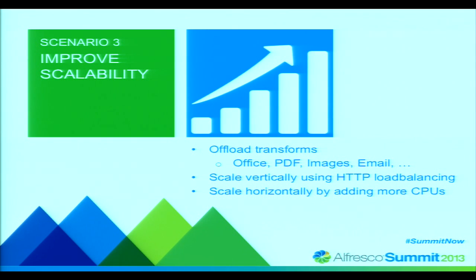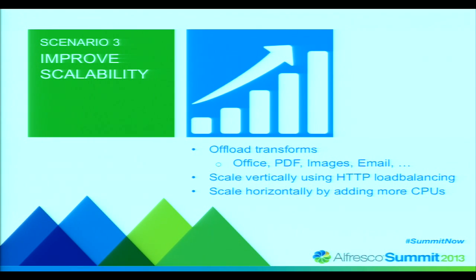Another business scenario is obviously to really improve scalability. So it's a separate server. It does not run on your Alfresco box. You can offload all that power that you need to transform PDF images, Office files, to another box, which means you free up lots of resources for your Alfresco system.